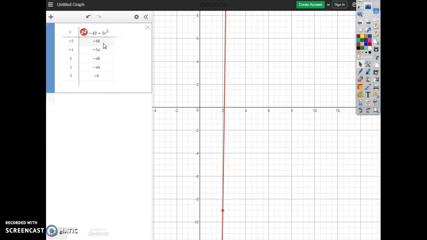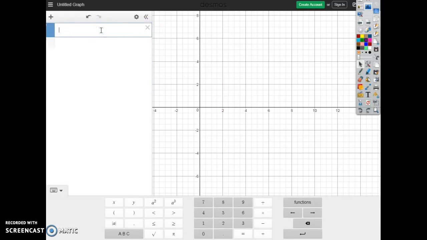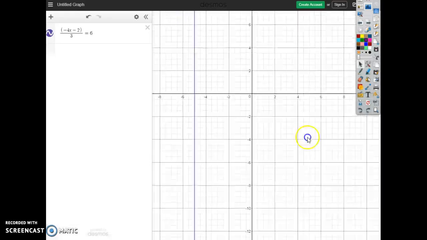Problem number 2. In decimals, you would type it negative 4x minus 2 divided by, actually, that's going to have to be in parentheses. The whole top needs to be in parentheses. And then divided by 3. Bring it to the side. Equal to 6.